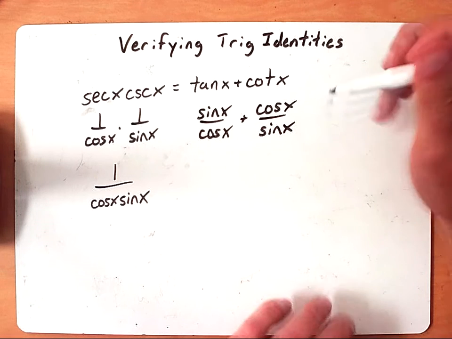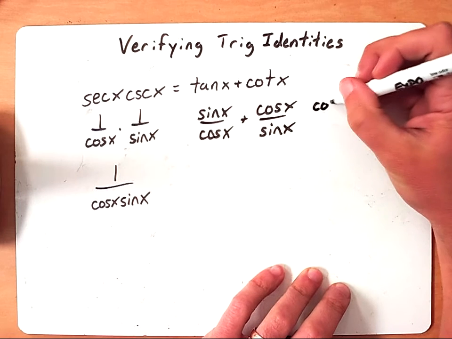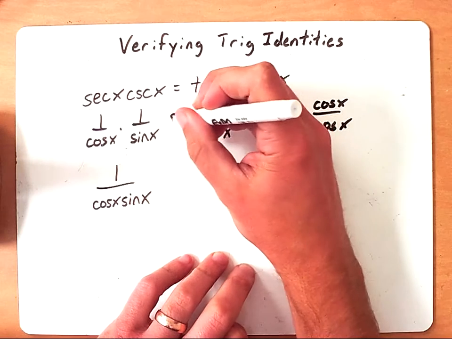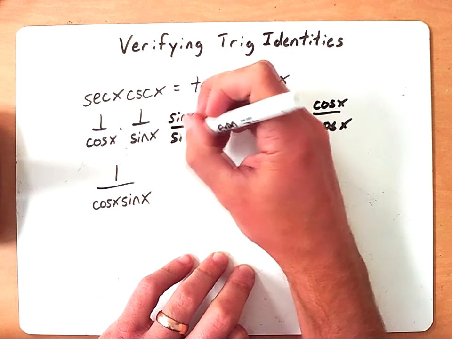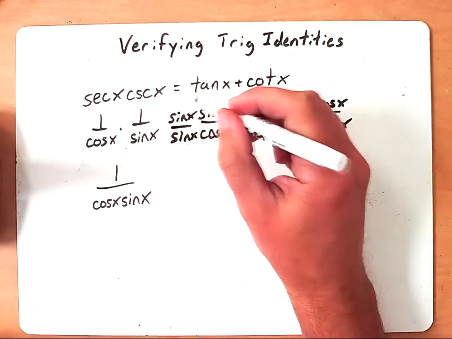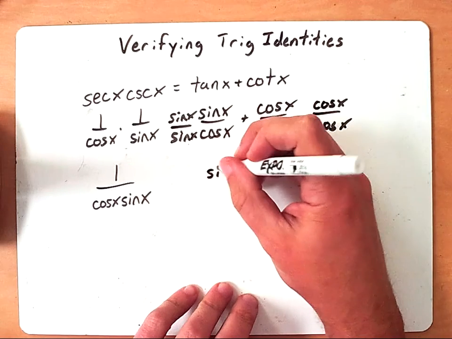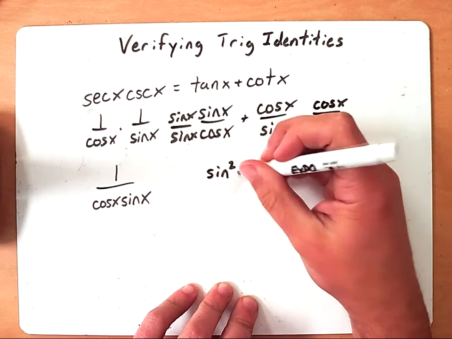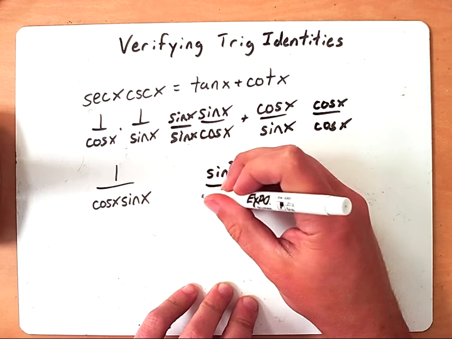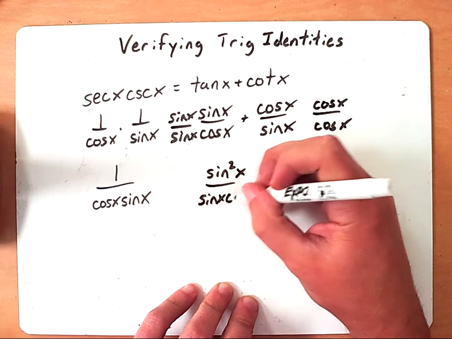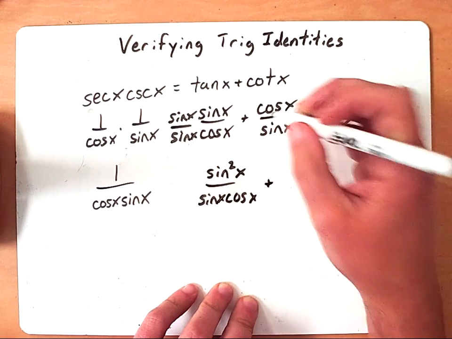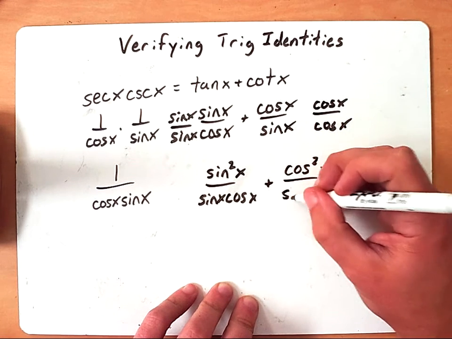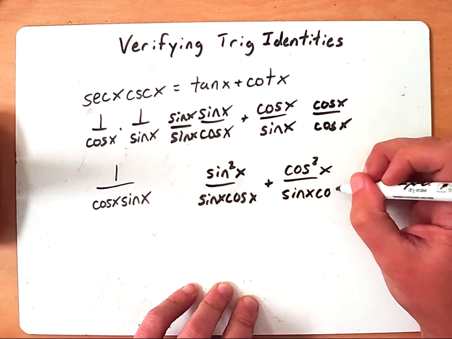So the easiest way to achieve this is to multiply this side by cosine of x over cosine of x, and to multiply this side by sine of x over sine of x. And so if I do that, sine times sine is going to give me sine squared over sine x cosine x plus cosine times cosine, so cosine squared over sine x cosine x.